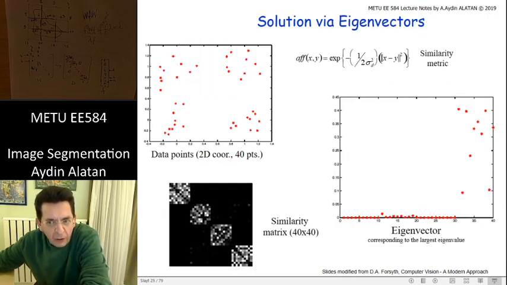Okay, now if you look at here, the previous problem here, now I'm gonna say these are again 40 points. This is the affinity matrix. Now if you go and find the eigenvector corresponding to the largest eigenvalues, you obtain this one. 40 points creates the similarity matrix 40 by 40.